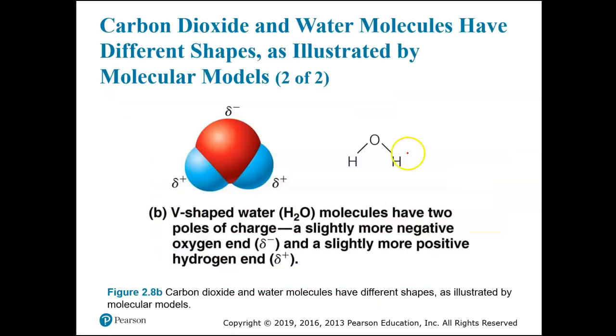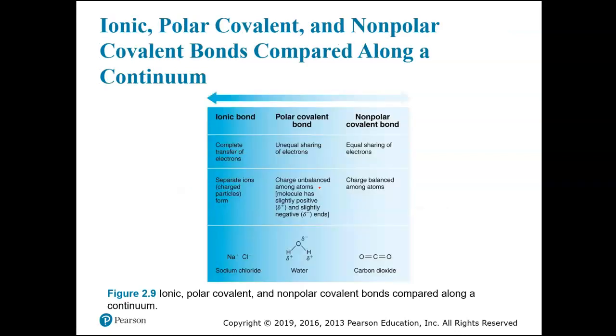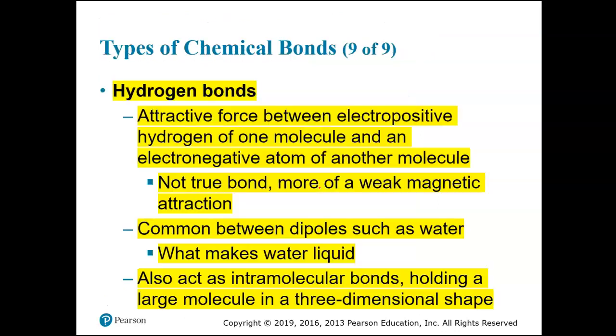And what that does is it gives the oxygen end, which is the red atom here, a slightly negative charge, and then it gives the 2 hydrogens a slightly positive charge. So that makes the molecule polar. It makes it have a negative end and a positive end, or negative pole and a positive pole. So we say it is polar, okay? And it gives water a lot of properties.